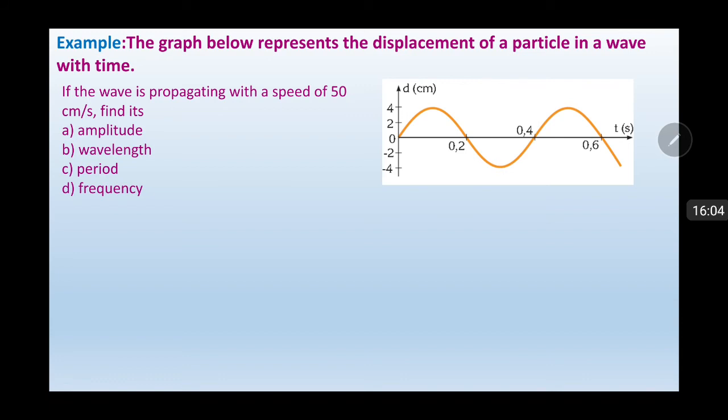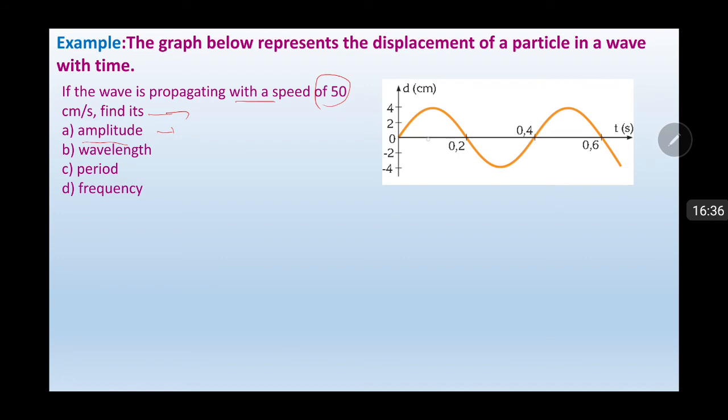Questions. The graph below represents the displacement of a particle in a wave with time. If the wave is propagating with the speed of 50 centimeter per second, find this. First, the amplitude. If you look at this figure, we will not use any equation for A, B, C. They are asking for amplitude.